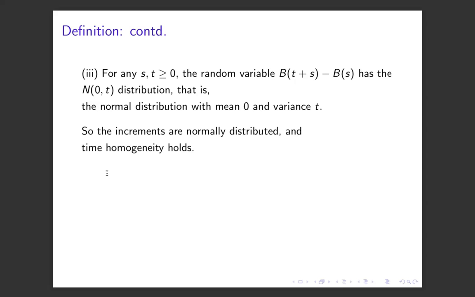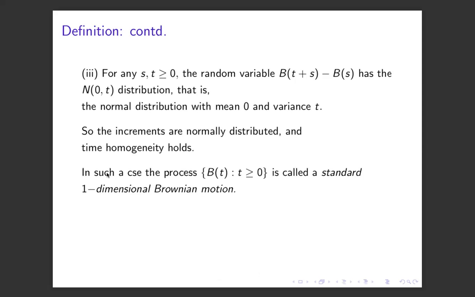Okay. So for us, as typical math students, we will take this as a definition and be happy with it and proceed. So in such a case, this process B is called a standard one-dimensional Brownian motion. Standard because we are letting the expectation be 0 for all t and the variance be this particular function, 1 times t.